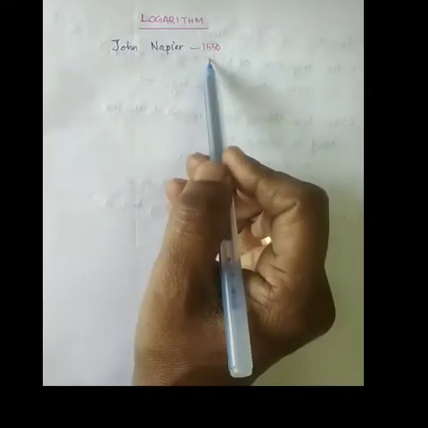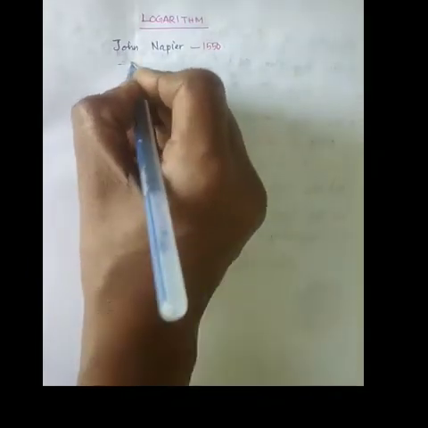The British mathematician John Napier was the first person to introduce the concept of logarithm in 1550.